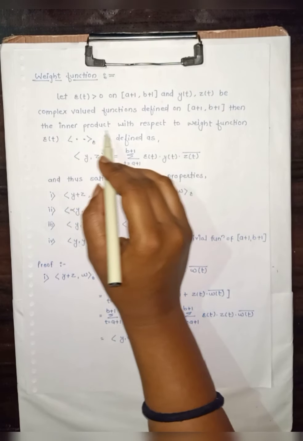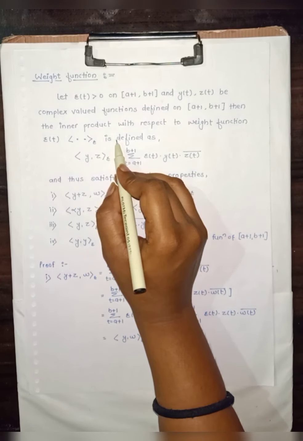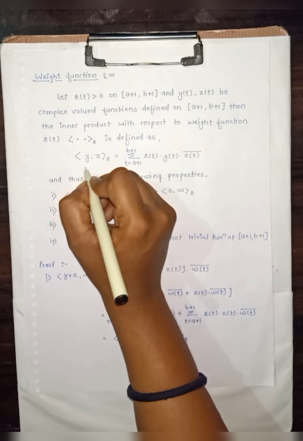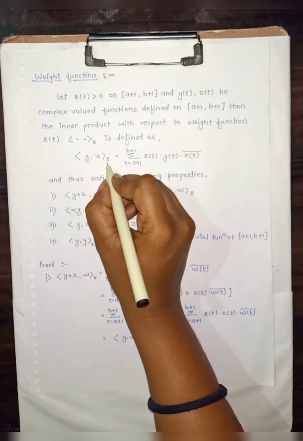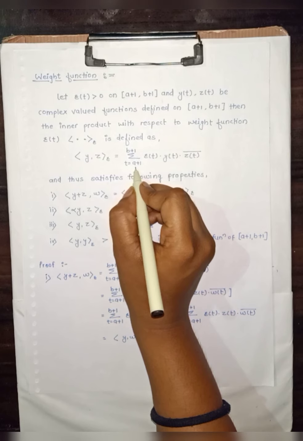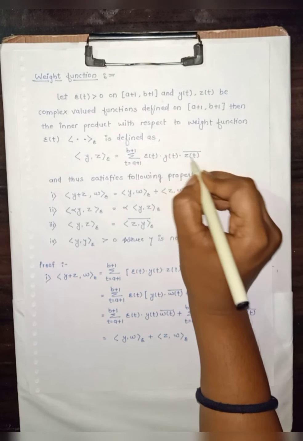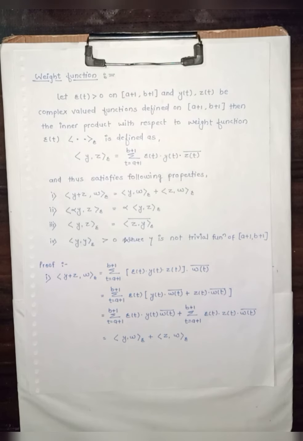Then the inner product with respect to the weight function r of t is defined as, the inner product with respect to r, equals summation from t equals a plus 1 to b plus 1 of r of t y of t into conjugate of z of t.